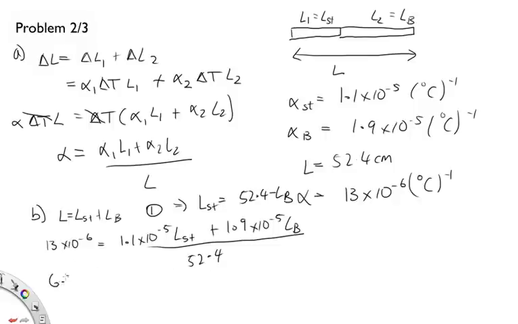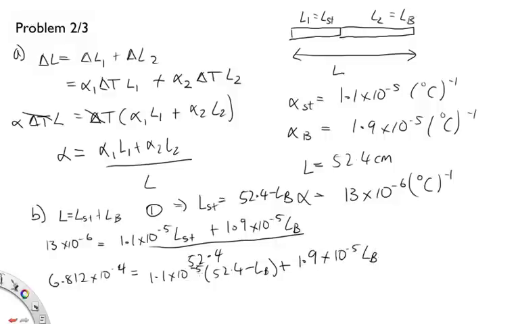So we've got 6.812 times 10 to the minus 4 is equal to 1.1 times 10 to the minus 5 times the length of steel, which is 52.4 minus the length of brass, plus 1.9 times 10 to the minus 5 times the length of brass.